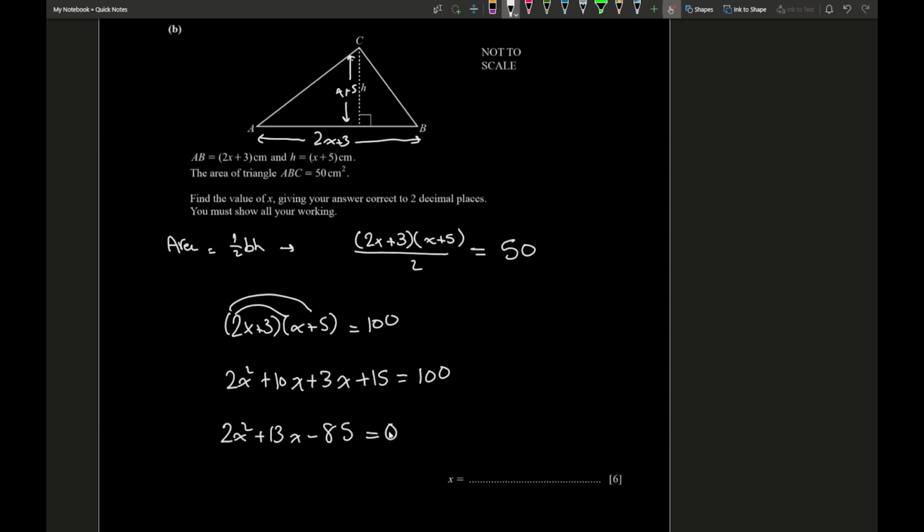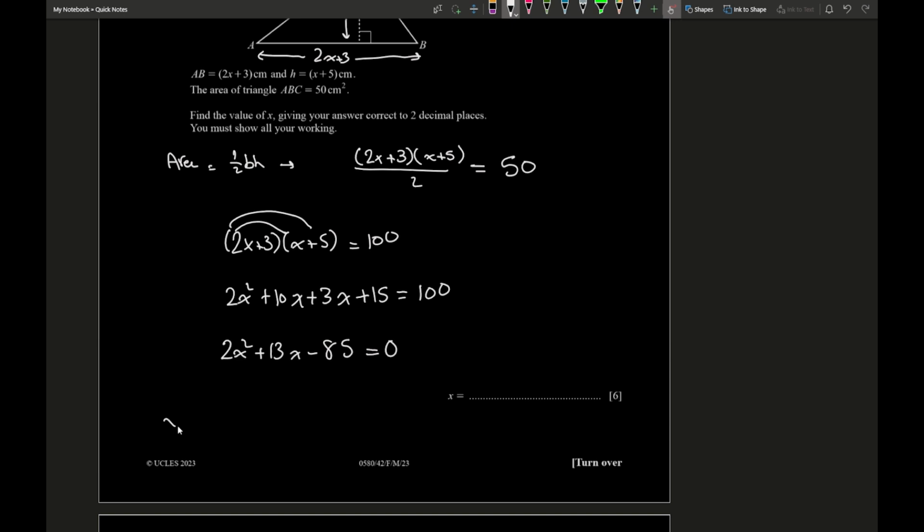Now just solve this using the quadratic formula, which states that x is equal to negative b plus or minus the square root of b squared minus 4ac, all divided by 2a. Or use your calculator. It is actually not factorizable, and you'll end up with two solutions.